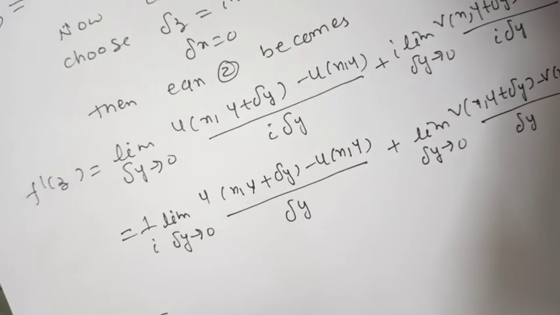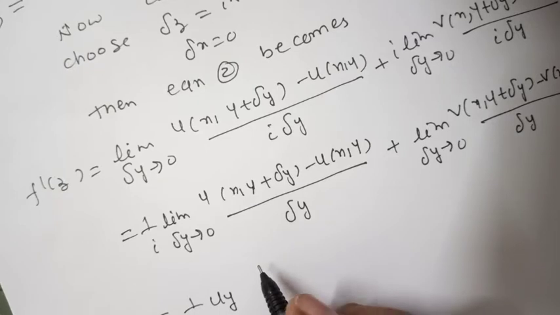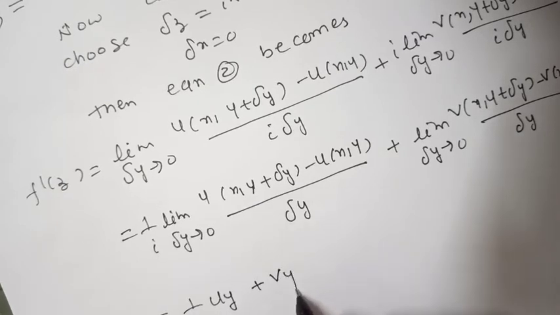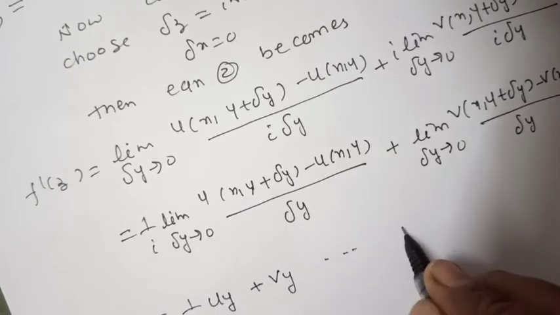That is, it is nothing but 1 upon i times u y plus v y. Call it equation 4.